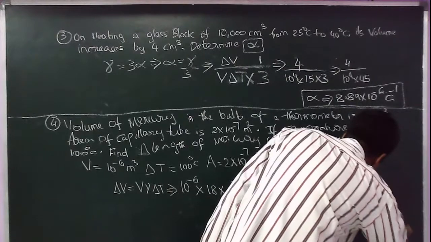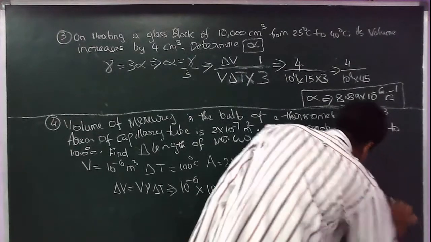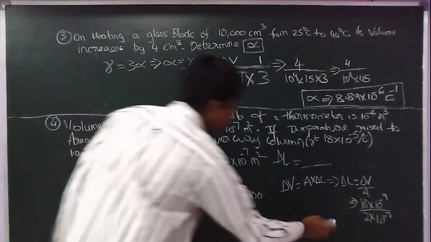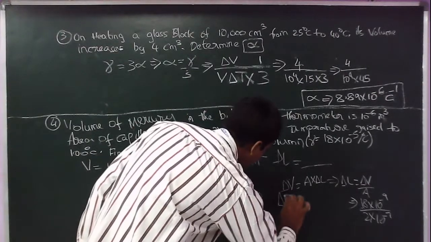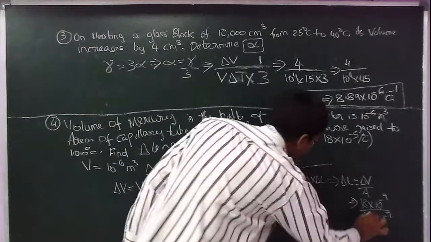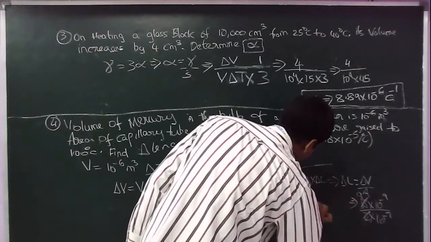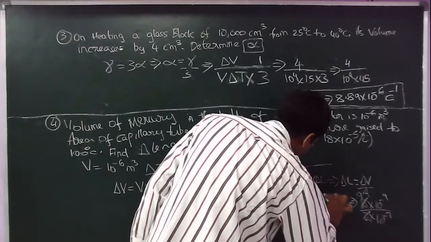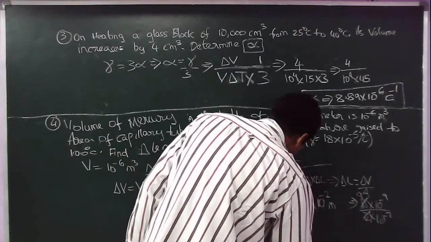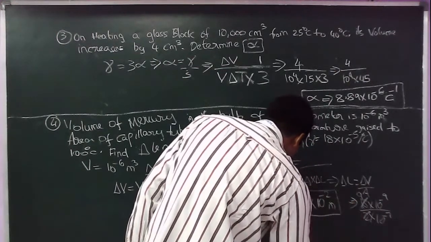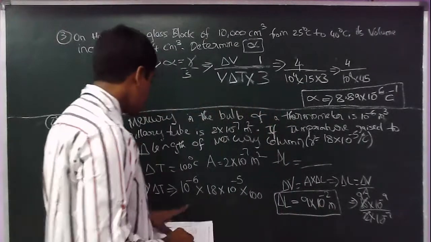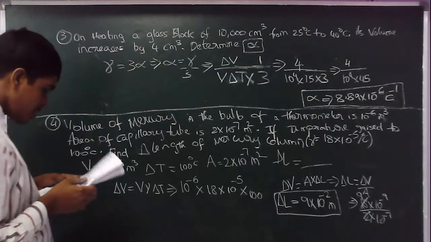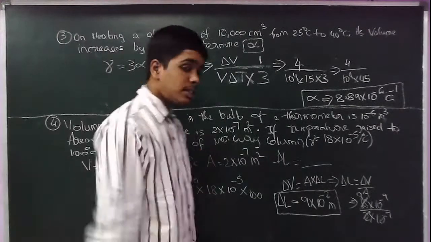Then delta L is equal to 9 into 10 to the power of minus 2 meter. First I will cross verify this. Yes, we have got the right answer.